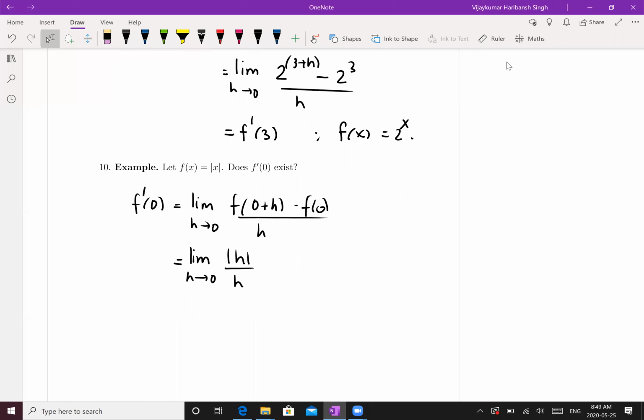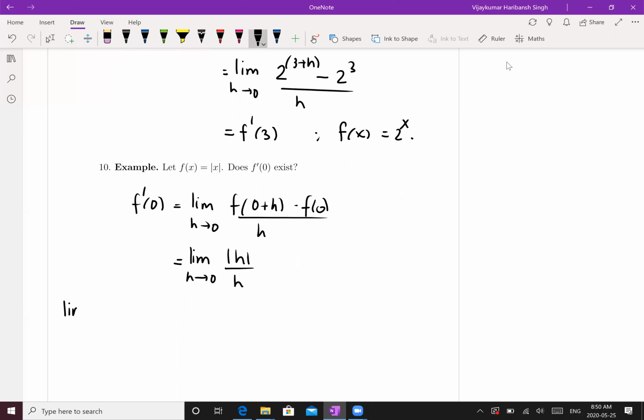So we simplify this to find out the limit. There is an absolute value sign. So the absolute value of h is h if h is positive, and minus h if h is negative. So we can try to look at the one-sided limits.